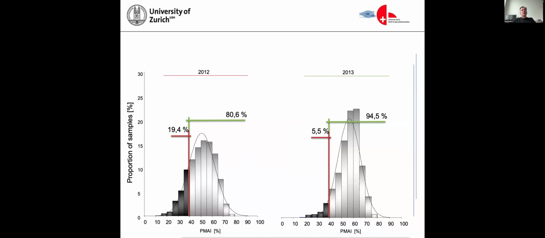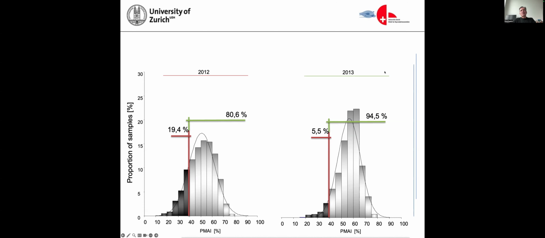We examined then in the field the proportion of samples with plasma membrane integrity and acrosomal integrity. And you see here in 2012, this was the year before we started with the longer equilibration time, about 20% of the sperm samples did not fulfill the criteria of 40% plasma membrane intact sperm.